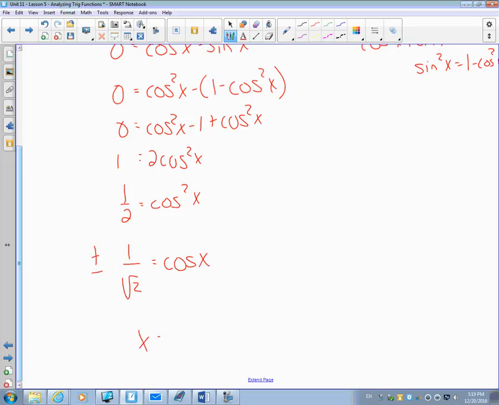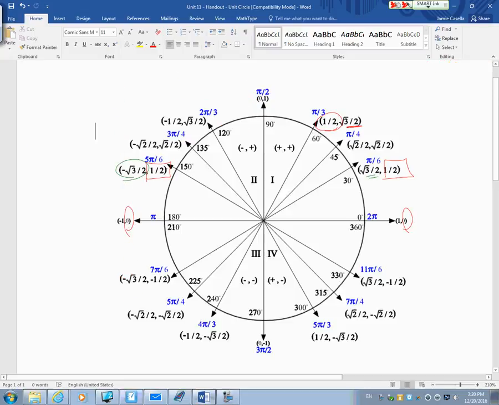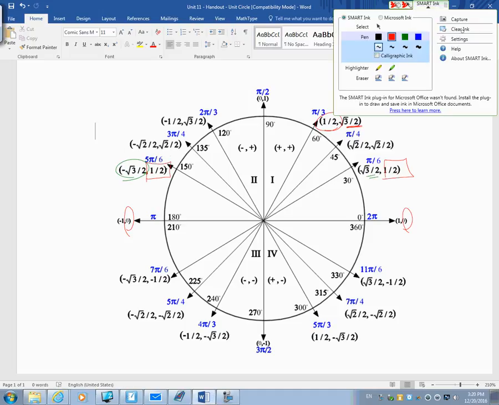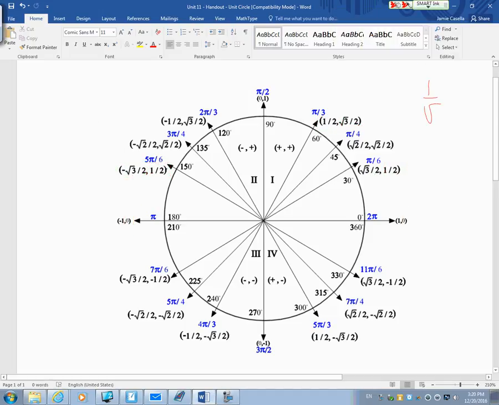So I got to find all the places where x on my circle comes out to 1 over root 2, positive or negative. I look at this and I say to myself, well, none of them are 1 over root 2. But we also know that 1 over root 2 can be rationalized. And on a unit circle it is. So I need to look for where cos is root 2 over 2. Here's one.